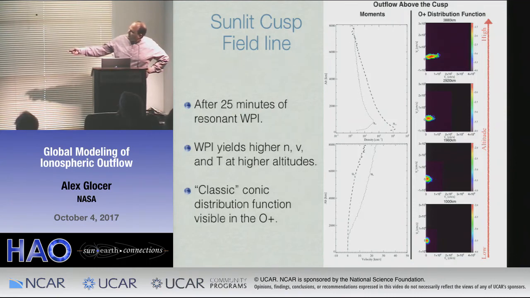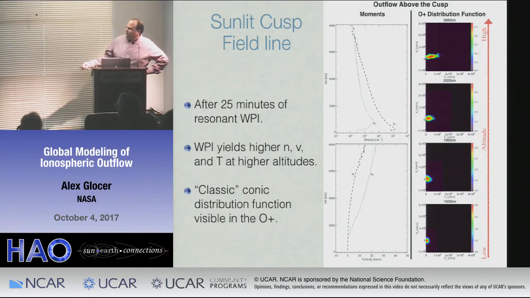The O plus density, which had a crossover altitude around 3,500 or 4,000 kilometers when you only have photoionization, now reaches almost the very top of the model. So the O plus becomes able to reach very high altitudes.